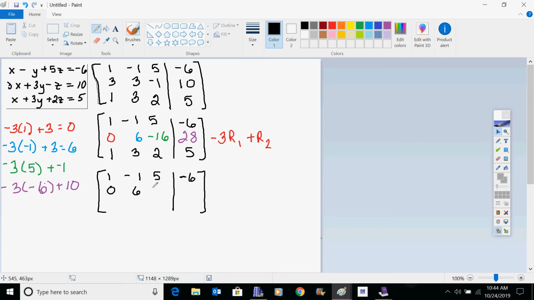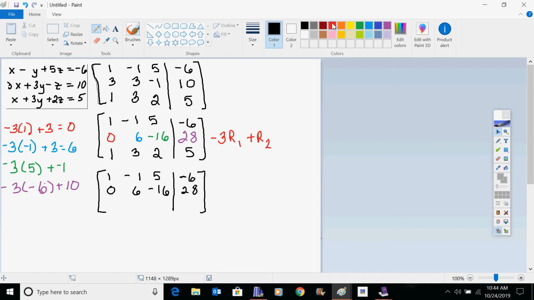Now we're trying to get a 1 here. So we're going to see what we can do to the first row to combine with the third row this time.